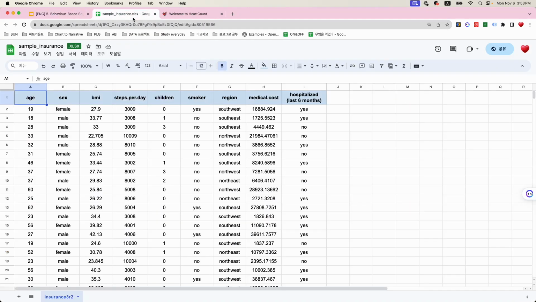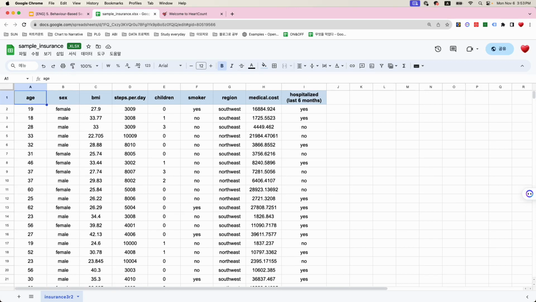This data set includes variables such as age, gender, BMI, activity level, children, smoking status, region, medical costs, and hospitalized status in the last 6 months.